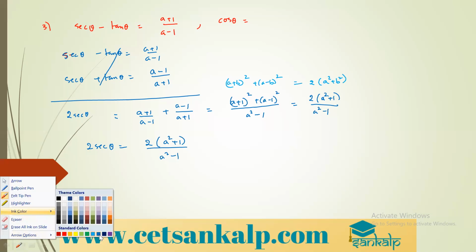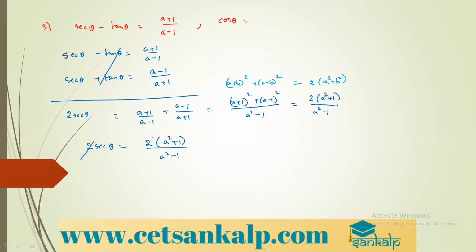After using this formula, I can cancel these two and write secant theta is a square plus 1 by a square minus 1. But they are asking cos theta, so I have to take the reciprocal, that is a square minus 1 by a square plus 1. This will be the answer and it is there in the options also.